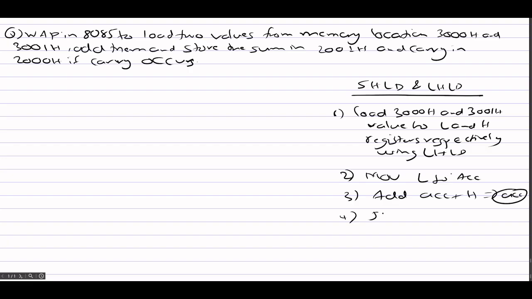Then we check our carry. So if carry occurs, let me write down in this way. So if carry occurs, we are going to move our sum, we're going to move sum or accumulator value to register L, and then we will move 01H to, let me do it in a bit different way.